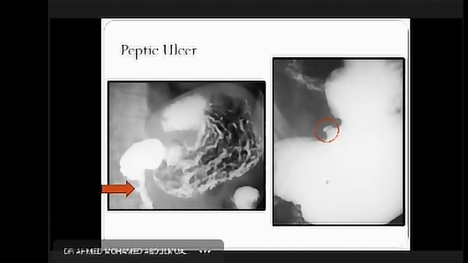But if I see the mucosal folds are thick and irregular, radiating toward the surrounding area, that means it is a malignant ulcer. So when the mucosal folds are radiating toward the ulcer area but are thick and irregular, it is a malignant ulcer.